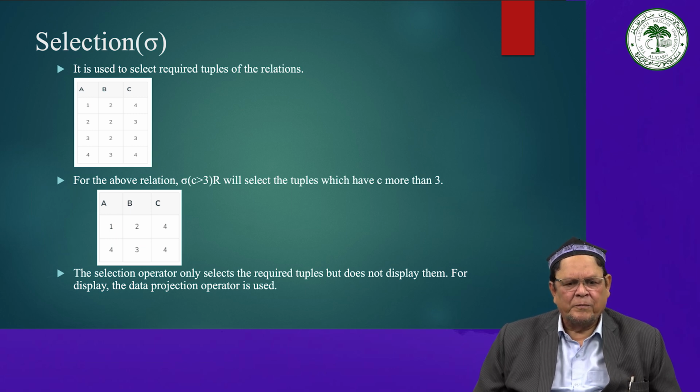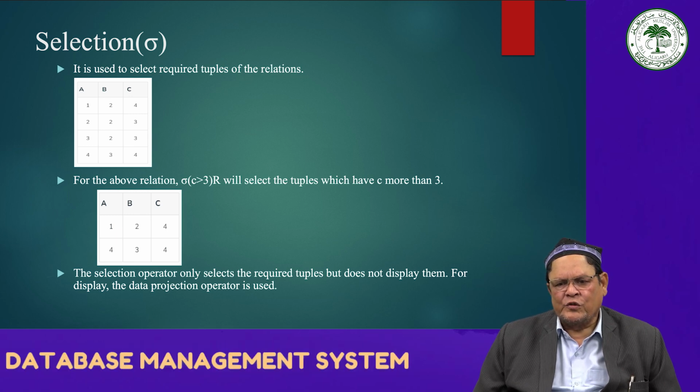For example, in a database containing information about employees, a selection operation may be used to retrieve only those employees who work in the marketing department or whose salary exceeds a certain threshold.